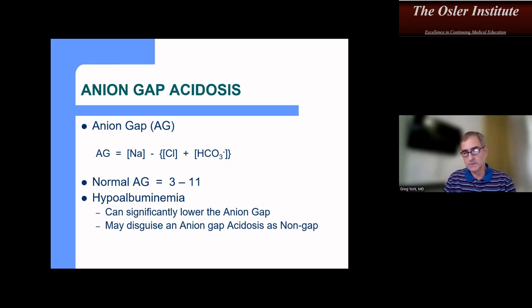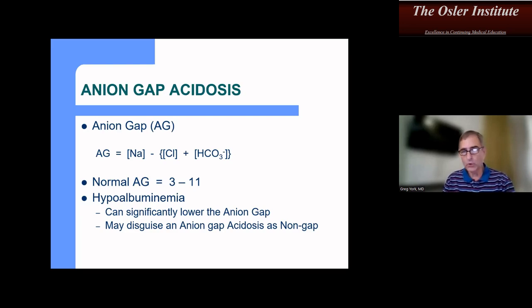So in looking at metabolic acidosis, the goal as the ICU doc is to try to figure out, is that an isolated metabolic acidosis, or is there also something else going on that I need to consider in terms of determining an etiology of this abnormality in their pH.